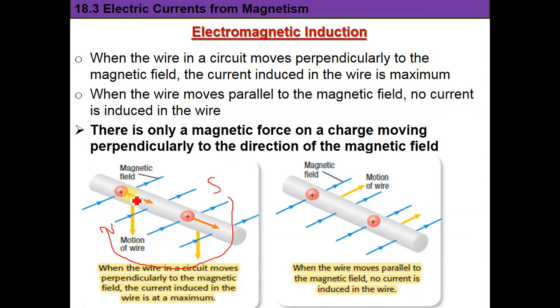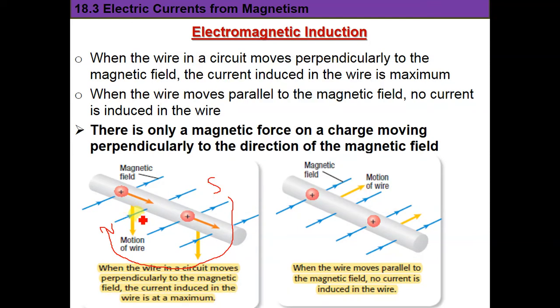It means the charges in this wire will be able to move because I have a change in magnetic field. So in electromagnetic induction, current is induced whenever the magnetic field is changed, simply. Whenever the magnetic field changes, you have current, you have a flow of charges. So when you move the wire up and down, you cross the field lines and change the magnetic field.